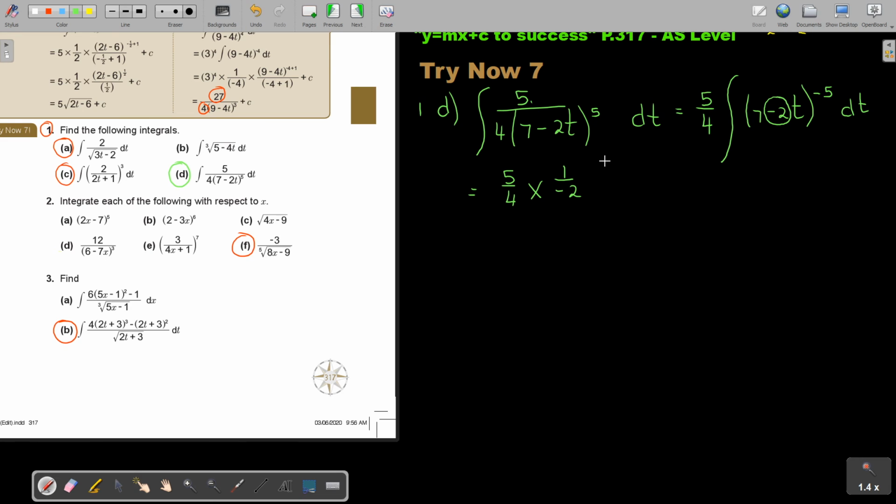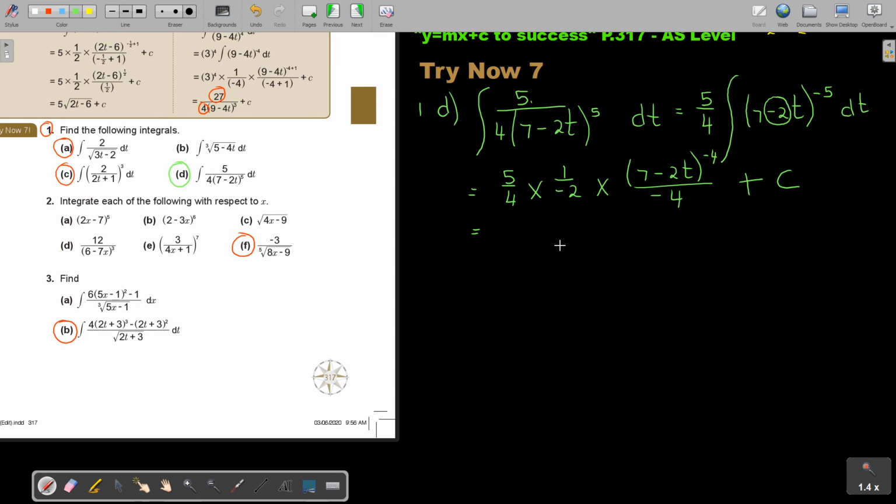Okay, and then I'm going to say, no, the bracket must not be so big. Multiply, it's 7 minus 2t, and if I add 1, it's going to be negative 4. Okay, are you with me? And I divide by negative 4, and I don't forget to say the magic plus c.